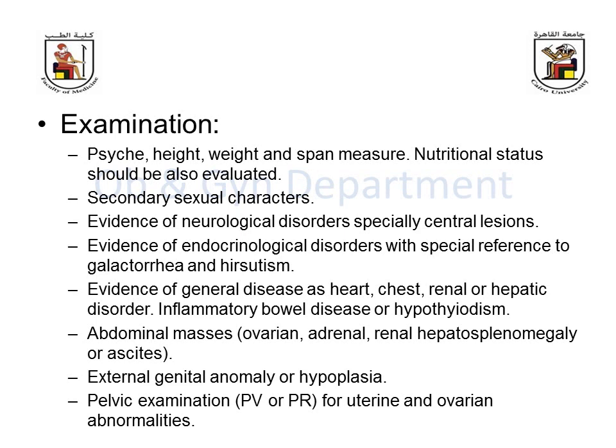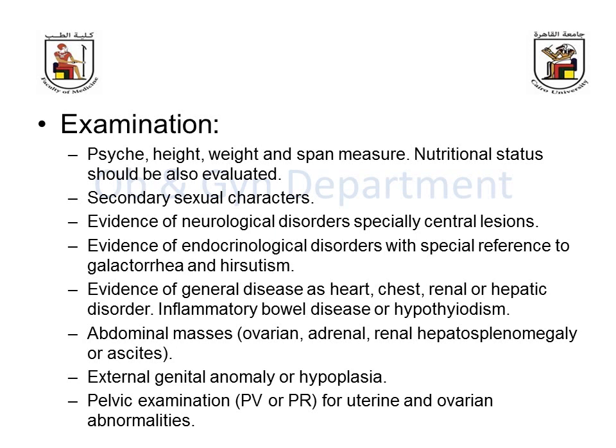Then examination, the same as we mentioned in precocious: height, psychic condition, weight, span, nutritional status of the patient, secondary sexual characters development. Apply the Tanner staging system for development of the breast and pubic hair.